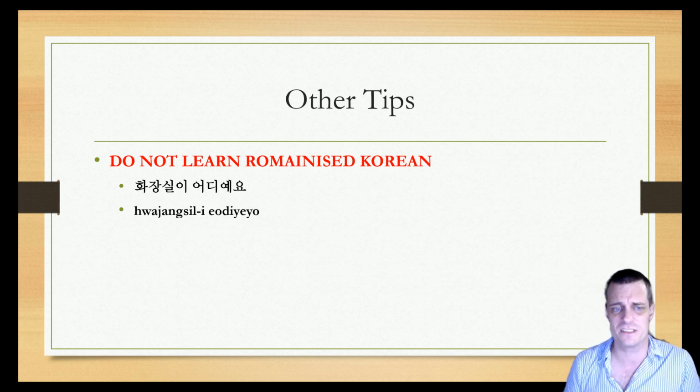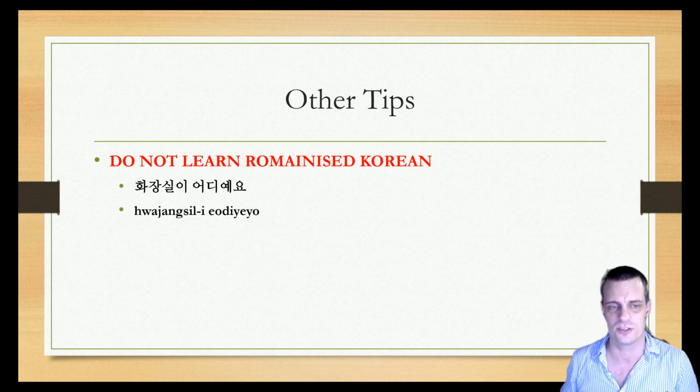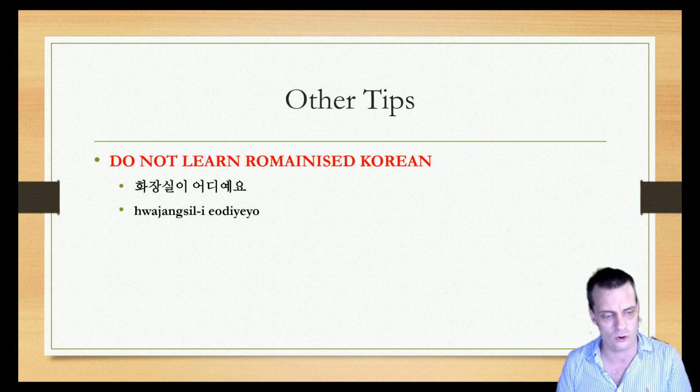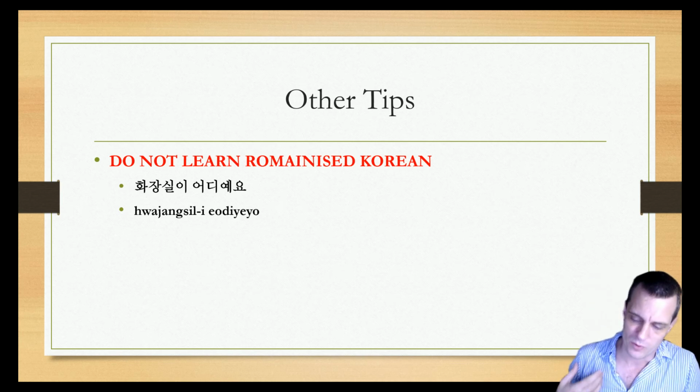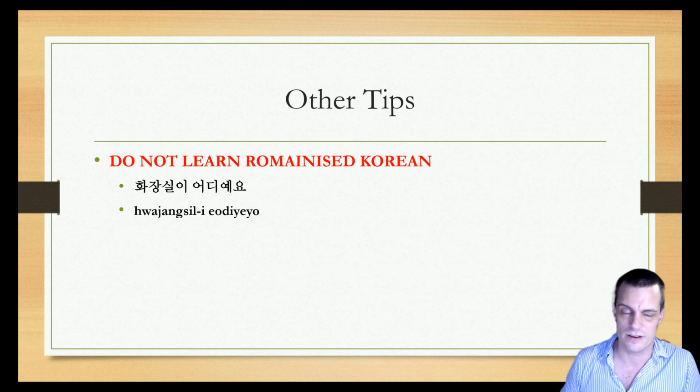Now you can see, obviously, Korean can be written in what looks like English, which is Romanized form. The problem with learning this is, when you go to Korea, nothing's Romanized. Like, not nothing. There are some street signs which will be Romanized, especially in Seoul, but everything else is in Hangul, number one.